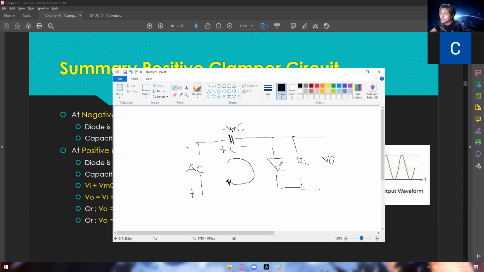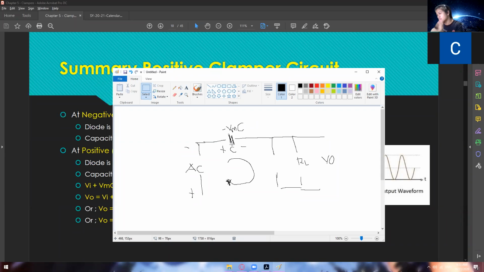As a result, this one will become reverse bias. If this is reverse bias, then this one is an open circuit, so all of our voltages will pass through R sub L. As you can see, if it's an open circuit here, it will not charge anymore. So our VMC, or our capacitor, will now discharge its voltage.